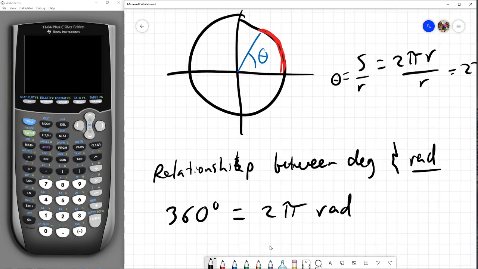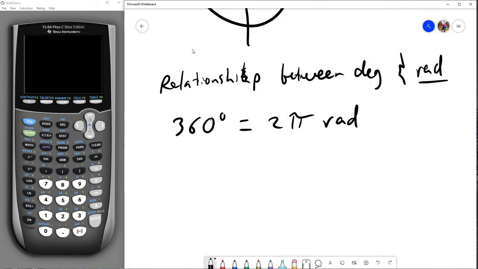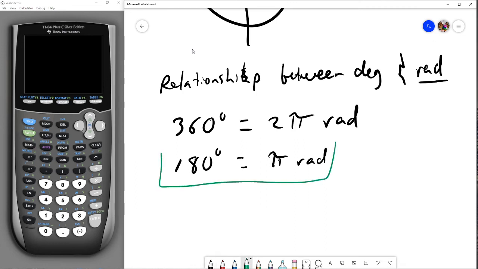Now, if we go halfway around a circle, that is 180 degrees, or pi rad. This is the fun fact we want to focus on for doing conversions between radians and degrees.